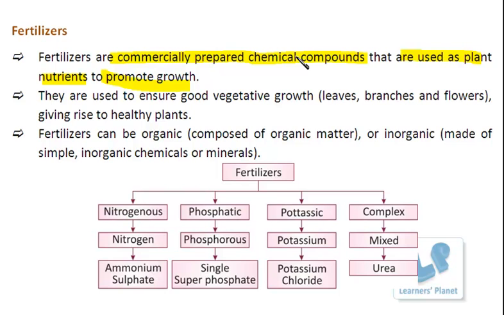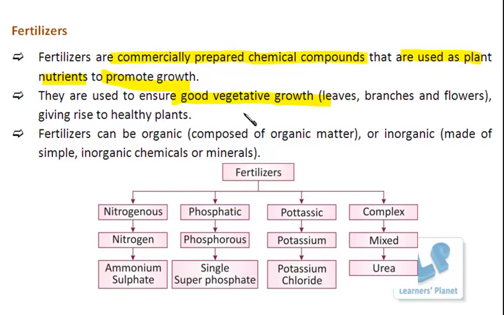And of course they are of different types as we have discussed earlier. So here these fertilizers are actually prepared in the industries, and of course they are good examples of the synthetic chemical compounds. And of course how they affect the plant growth is by ensuring good vegetative growth.